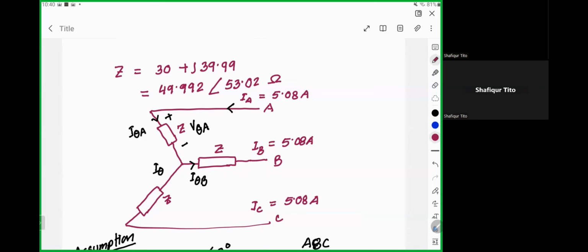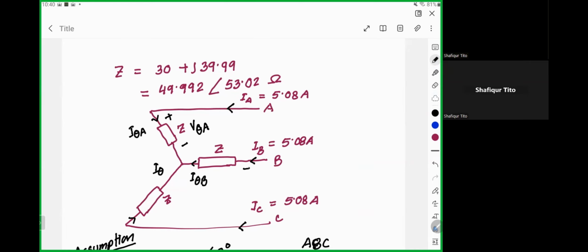Okay, so now I have to have one more. So this current is entering. This current will be entering from the generator. So this will also be entering, and this will be entering, and this will be entering.